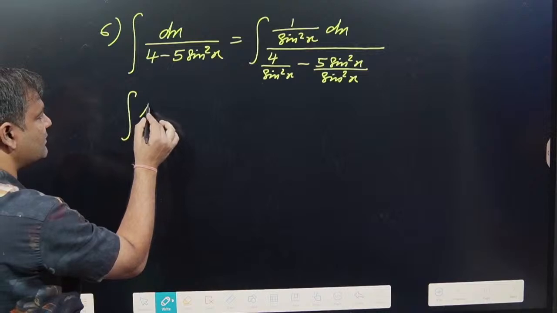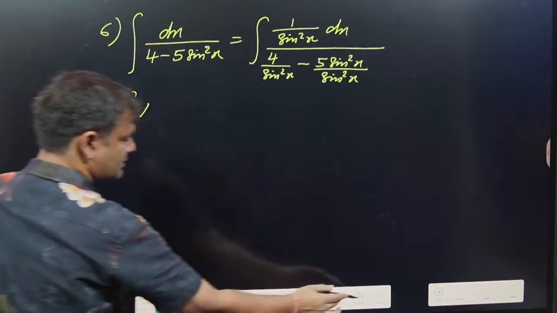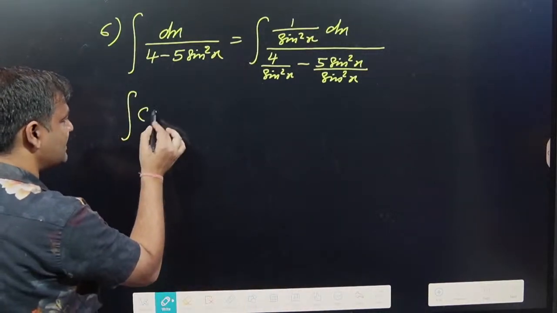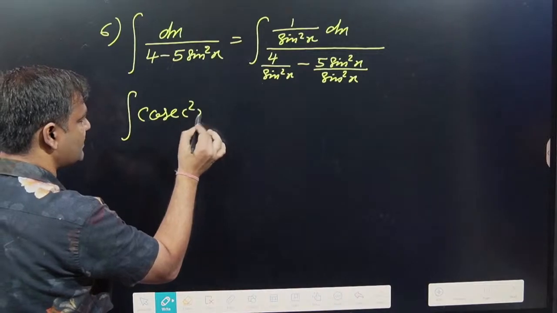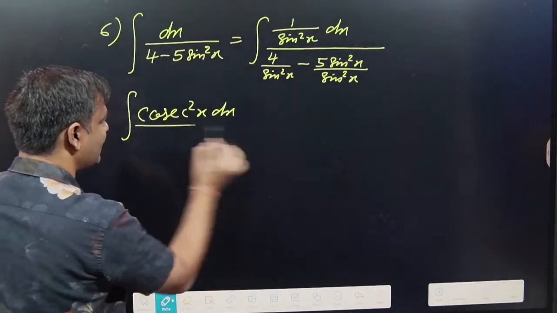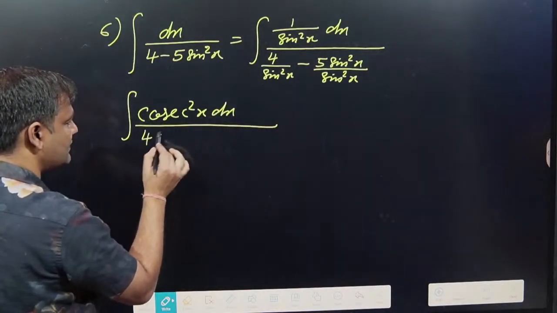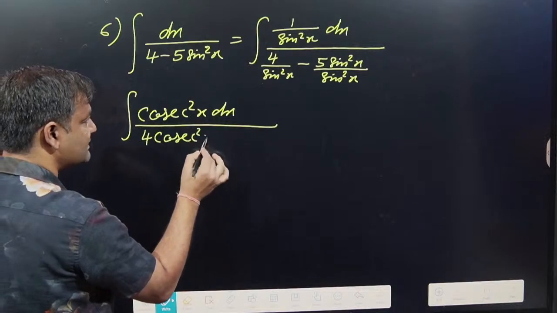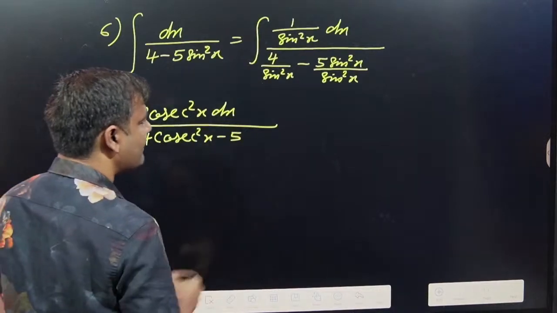Now look here. 1 by sin square x is cosec square x, so the numerator is cosec square x dx, and that denominator is written 4 cosec square x minus 5.